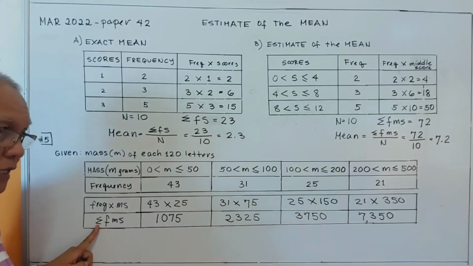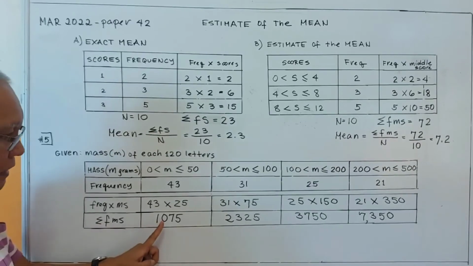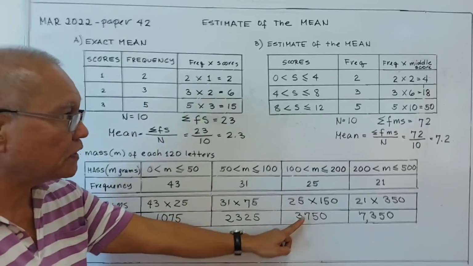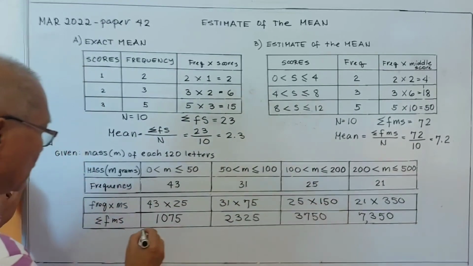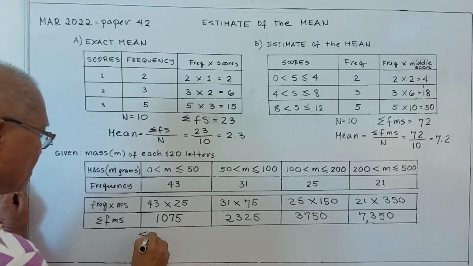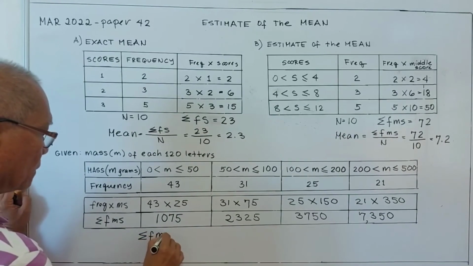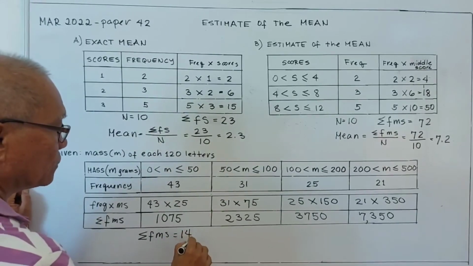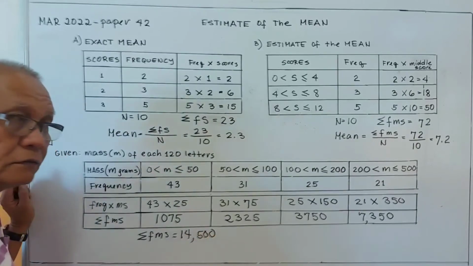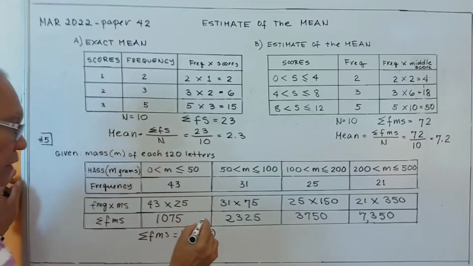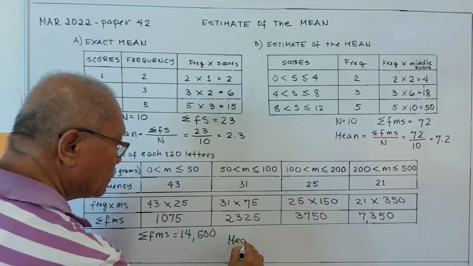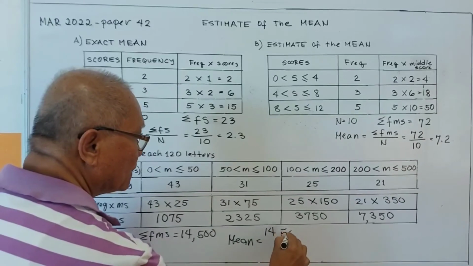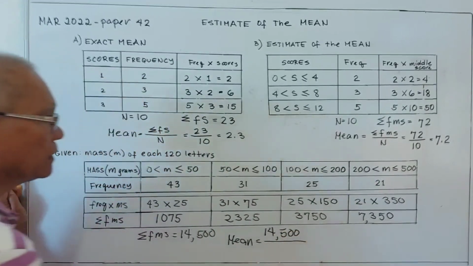Sum means we are going to add. So adding 1075 plus 2325 plus 3750 plus 7350, we have here the sum of fx is equal to 14,500. That is not yet the mean. The mean is equal to this sum, 14,500, divided by n.